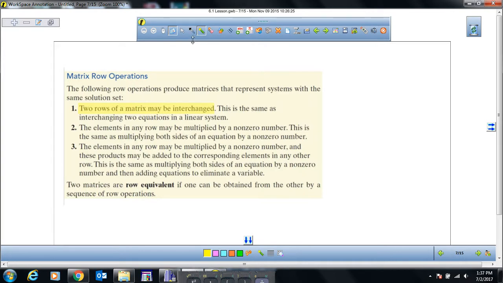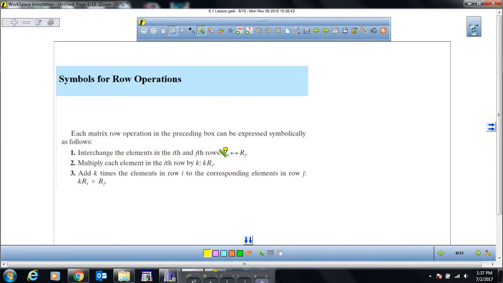Or the first row you can send to the second row, and the second row to the first row. You switch them, basically. And this is the symbol we're going to use for switching that I want you to keep in mind. When I say interchanging the ith row and jth row, it's going to be Ri double arrow Rj. That means interchange when I put the double arrow.